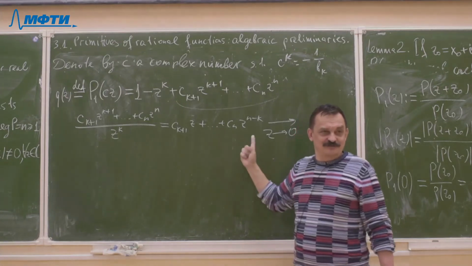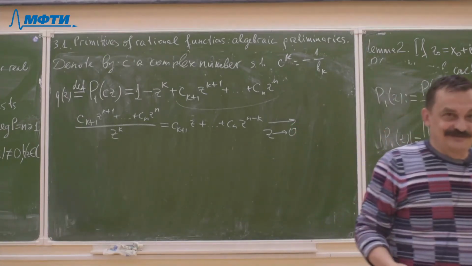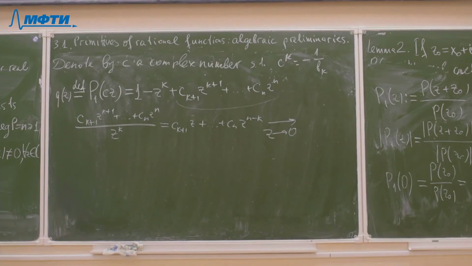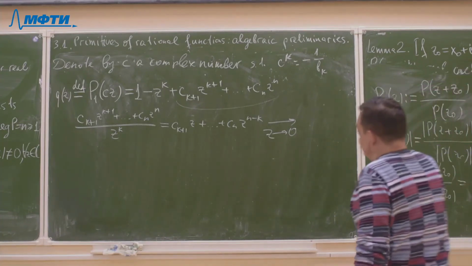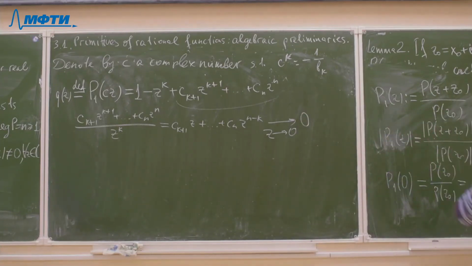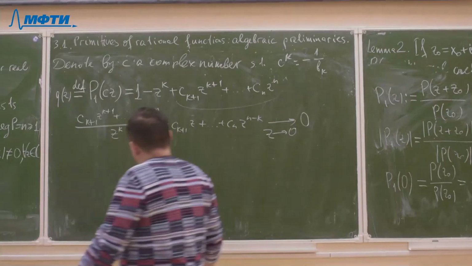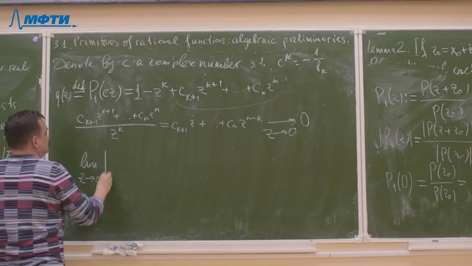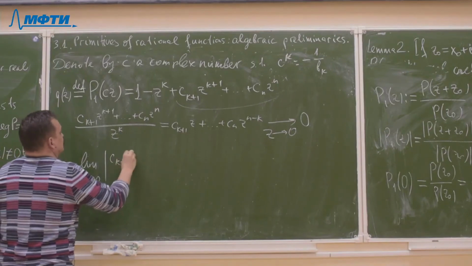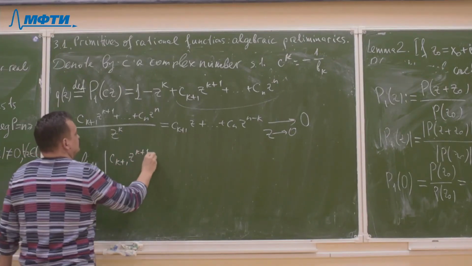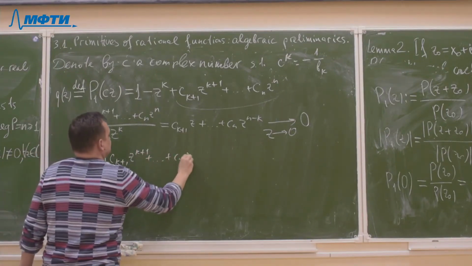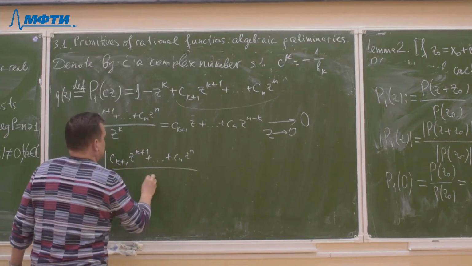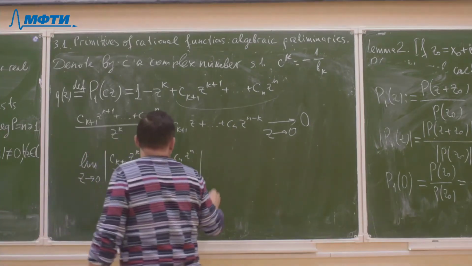Every term tends to what? 0. What is the result? 0, of course. That is 0. So, I will write the limit of the modulus of this expression is 0.